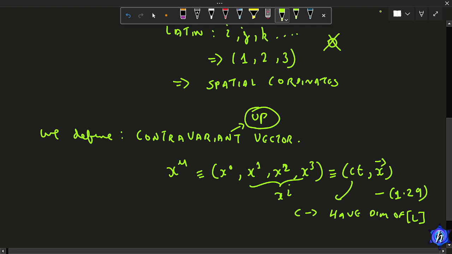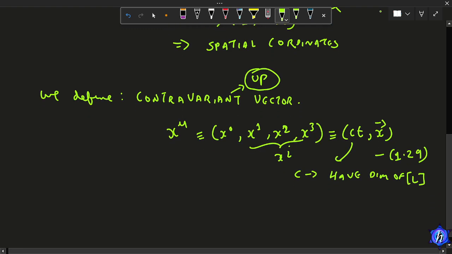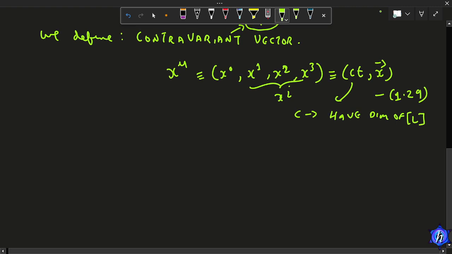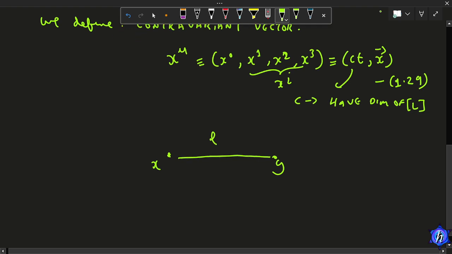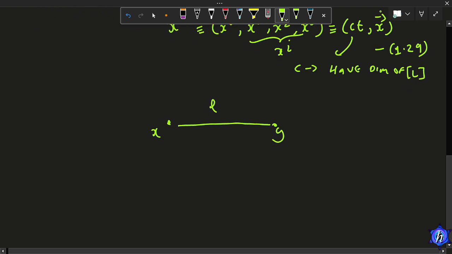The interesting thing is the distance L between any two points. Say this is x, this is y. The distance L between these two points in space-time can be written in terms of the Cartesian coordinates.